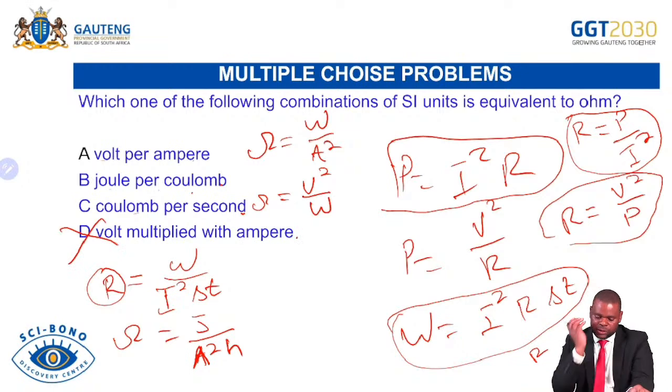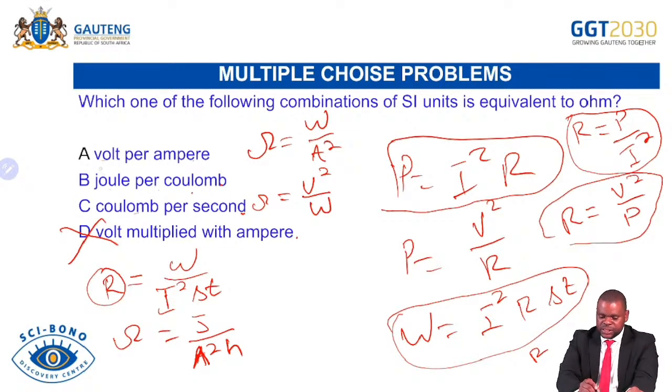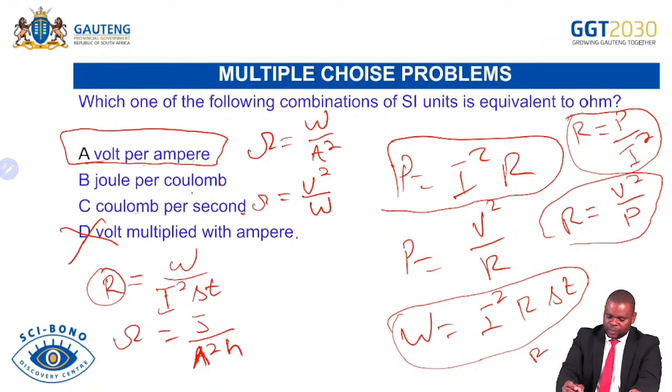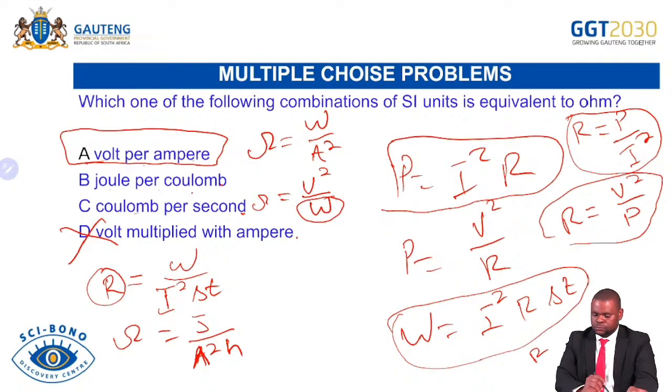This is already out. Then let's look at A. A says what? Volt per ampere. Which one can we deduce to give us volt per ampere? Let's look at this one here. This, we said, is the same as what?